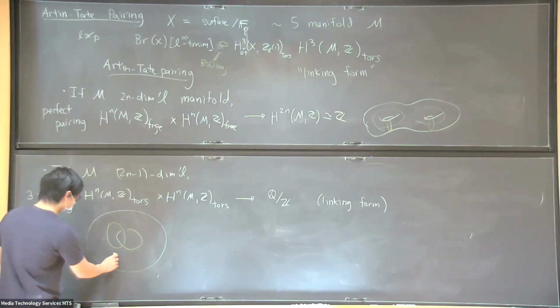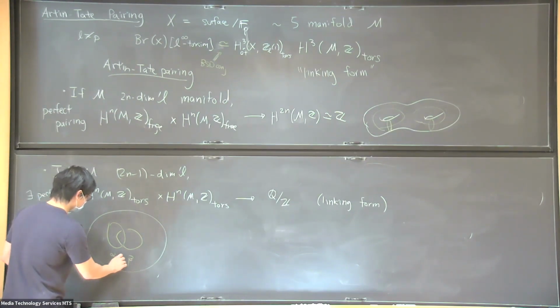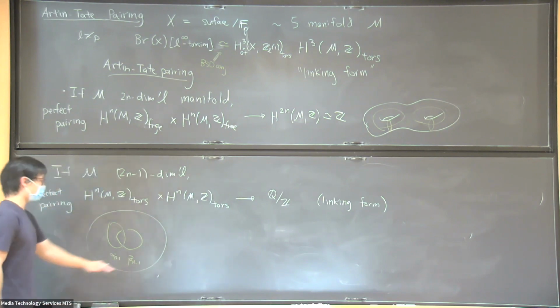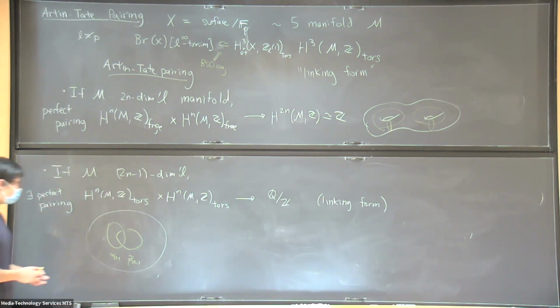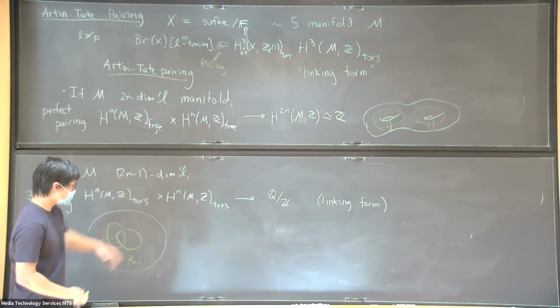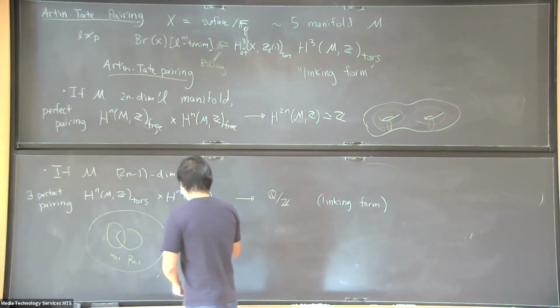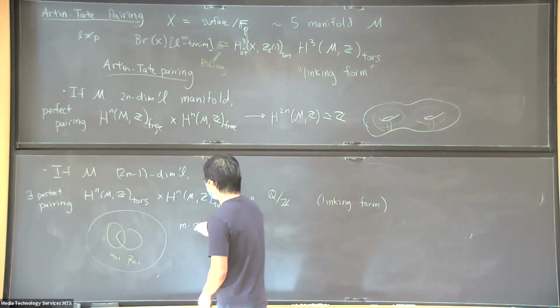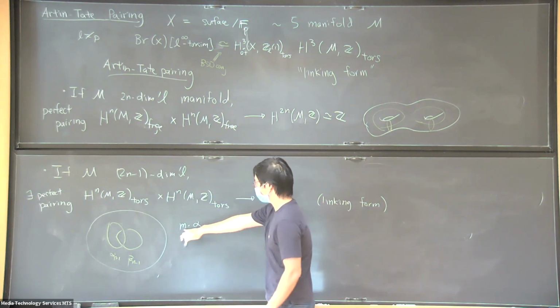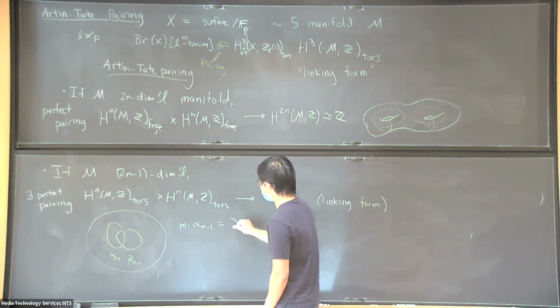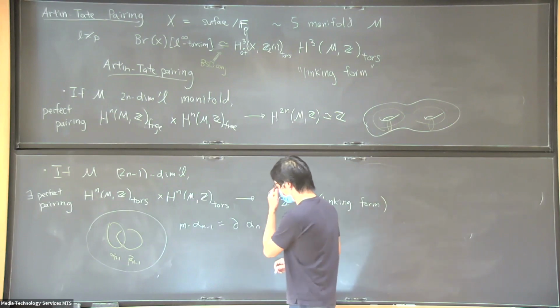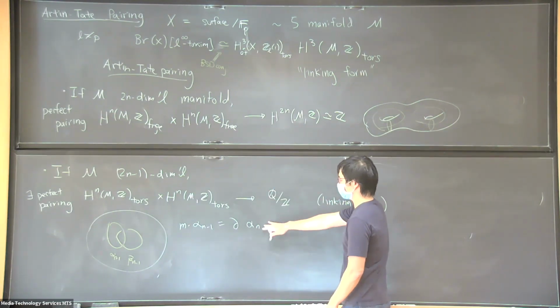But let's call these alpha and beta, or alpha_{n-1} and beta_{n-1}. Then the fact that these represent torsion classes implies that after I multiply alpha_{n-1} by some integer m, it becomes the boundary of something else of topological dimension n.